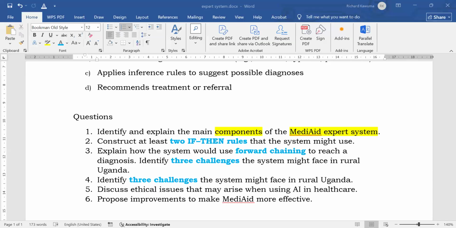For the knowledge base, I was saying that here we are looking at the problem of the medical place. The problem is to find a way of adding the AI system into the rural areas.